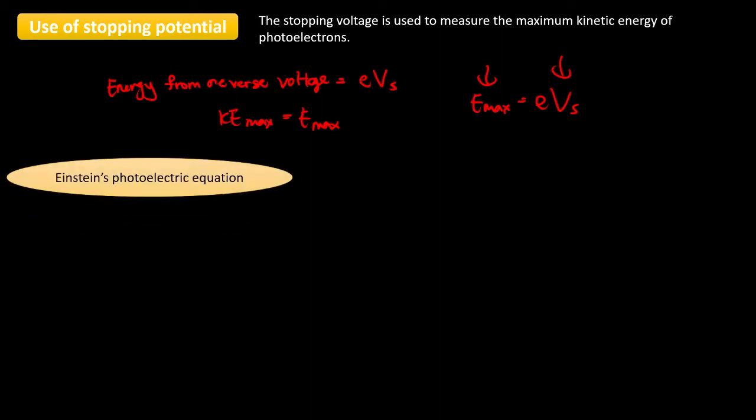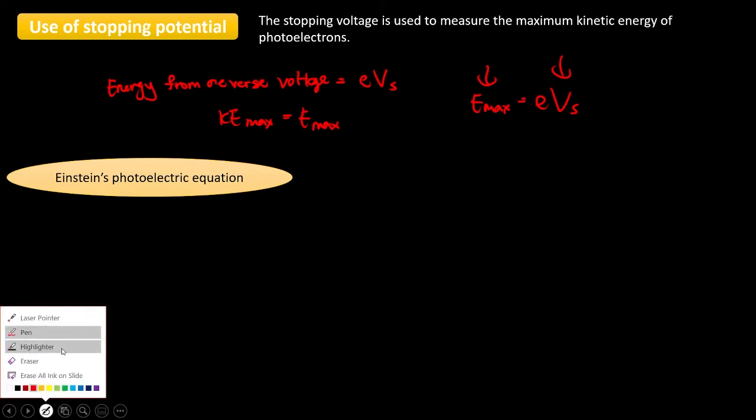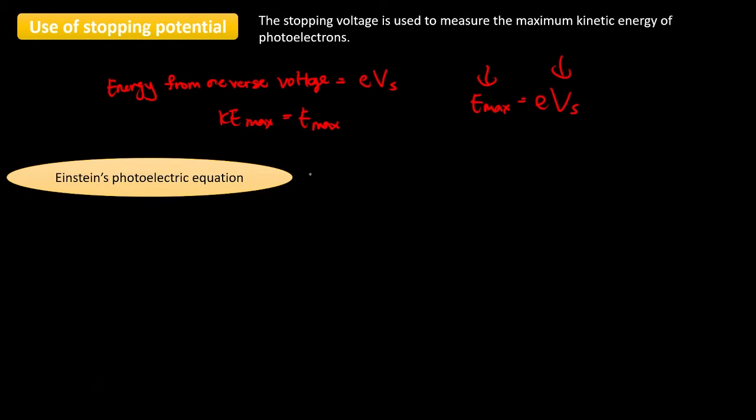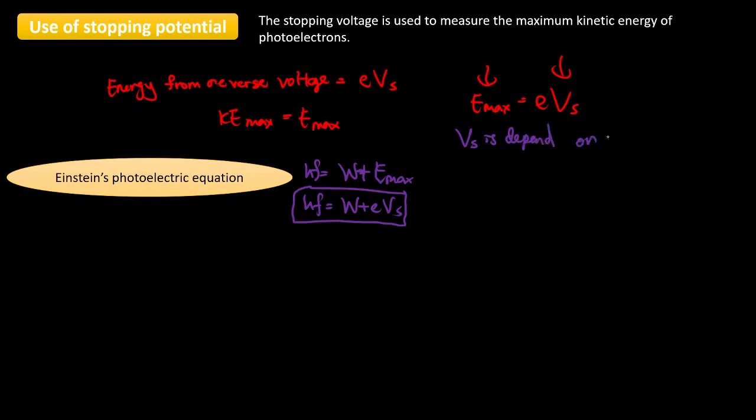From Einstein's photoelectric equation, hf equals W plus Emax. This equation now becomes hf equals W plus eVs. From this equation, you'll notice that Vs depends on the frequency.